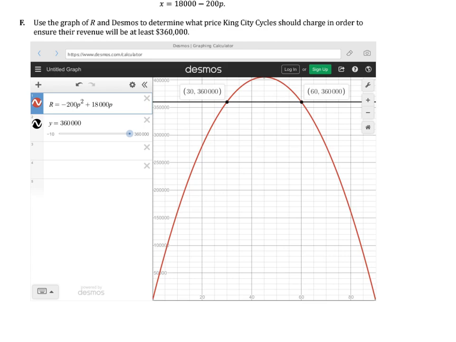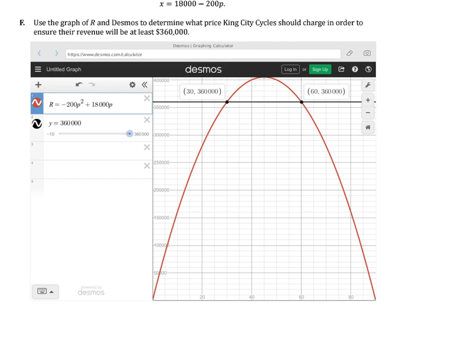We want our revenue to be at least 360,000, so our revenue is above 360,000 on the interval from 30 to 60. So when our price is $30, or when our price is $60, our revenue is 360,000, and when it is between, our revenue is above.